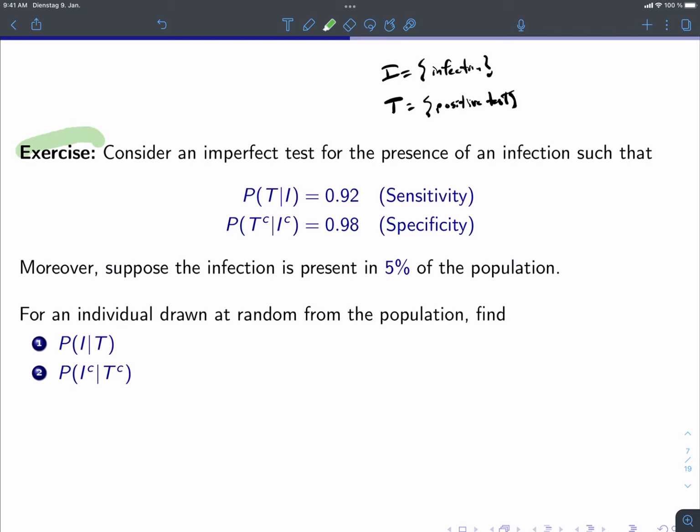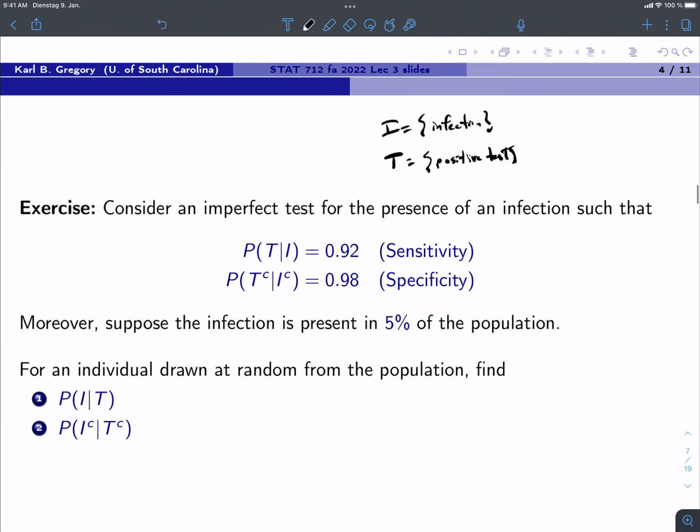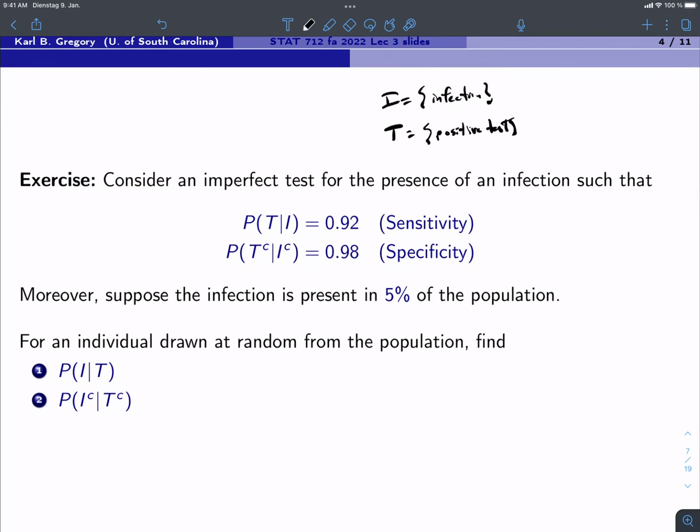Let's suppose in the setup of this exercise that if you randomly select some individual, they will be infected with probability 0.05. So infection is present in 5% of the population. Then we can use Bayes' rule to compute some interesting probabilities. You as an individual, when you go get tested, are mostly interested in these probabilities.